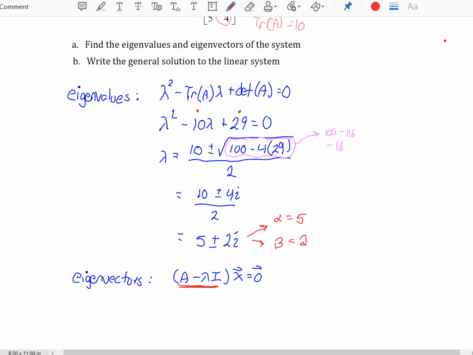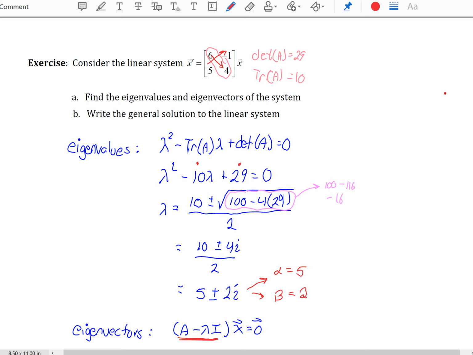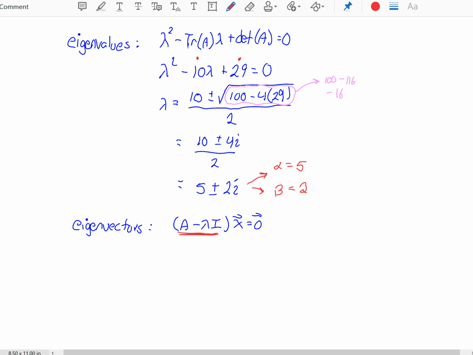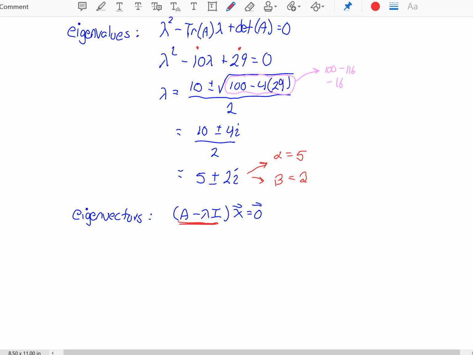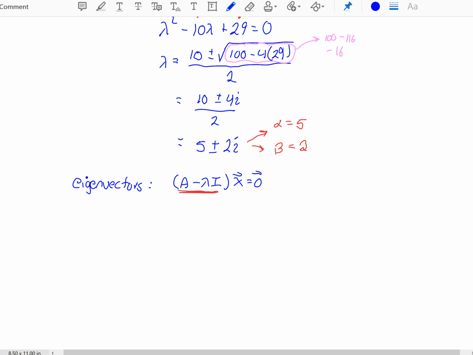So grab our original matrix, and we're going to subtract lambda off of the main diagonal only. So here we're going to have, for the eigenvalue lambda 5 plus 2i, it'd be 6 minus 5 plus 2i.